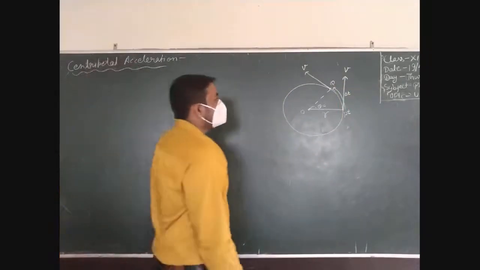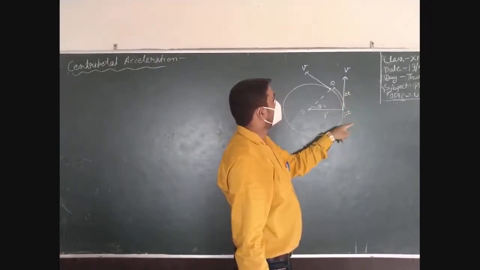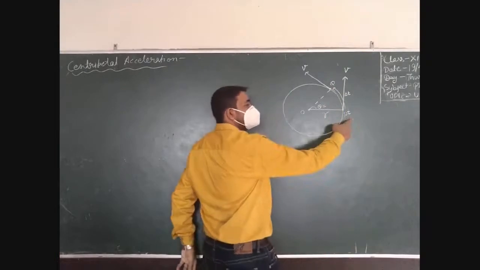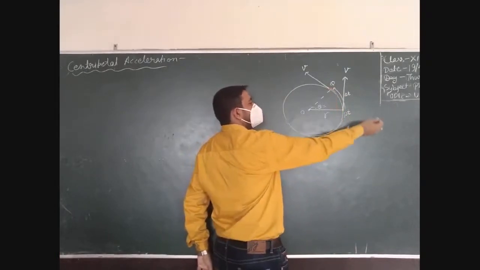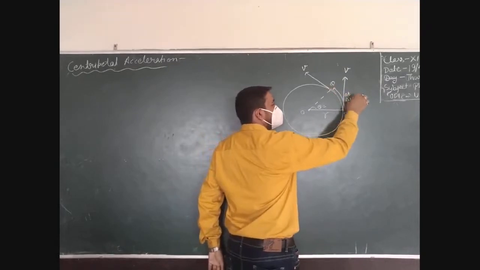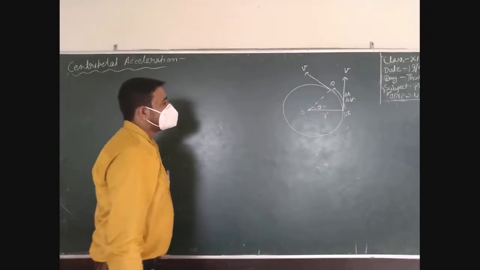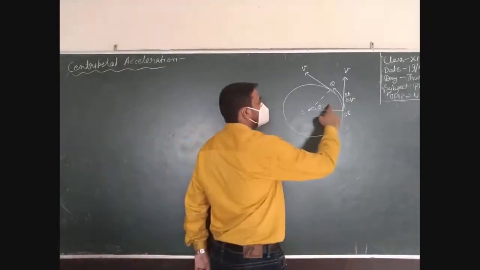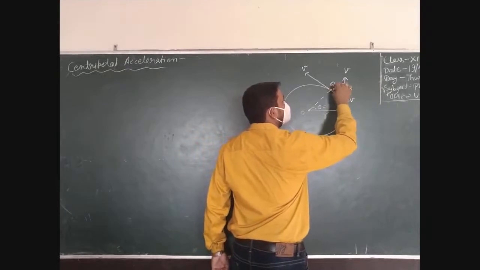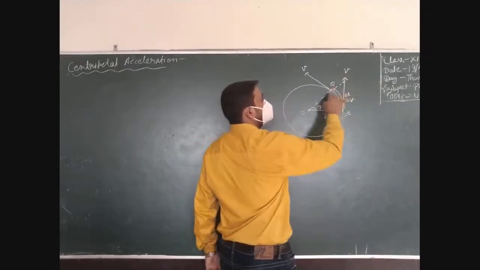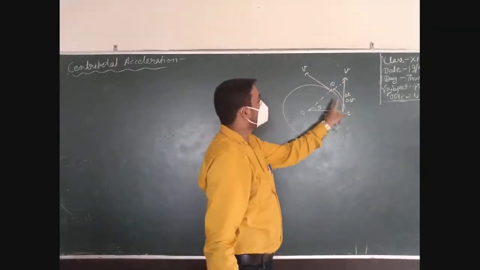Now, if the linear velocity is v, then the change in velocity from P to Q is del v. Now we have two triangles here. When we continue the perpendicular here, we get another triangle PQ.